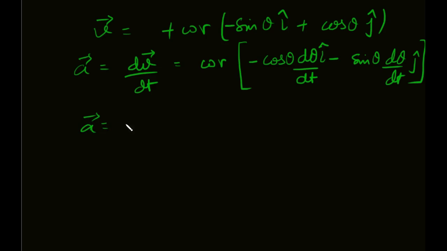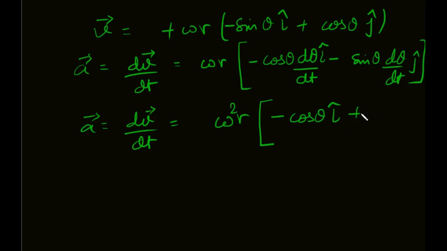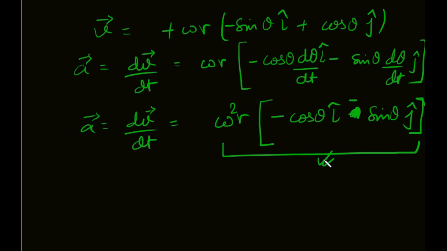So dv by dt is equal to omega r times, again omega, so omega square r, times (minus cos theta i, sorry, minus cos theta i minus sin theta j). All right, this is the acceleration a.